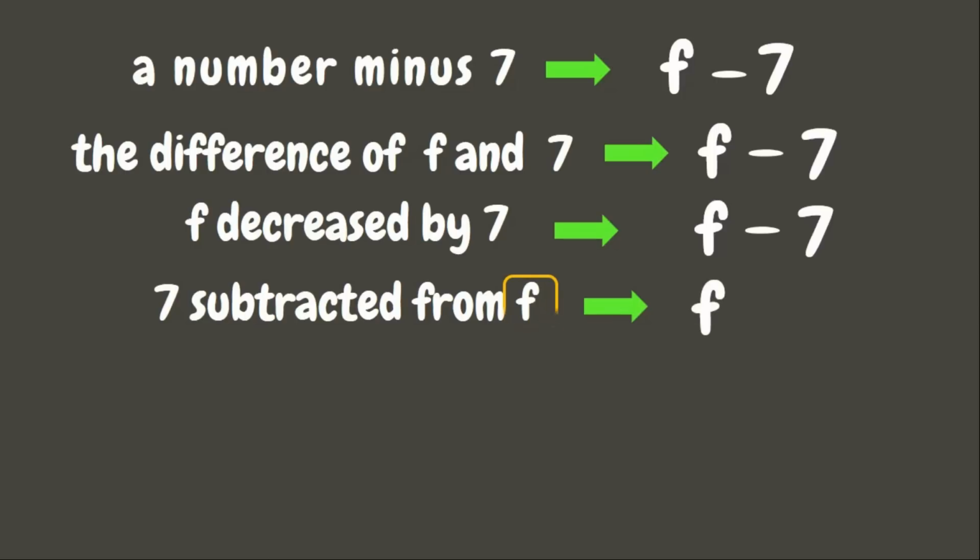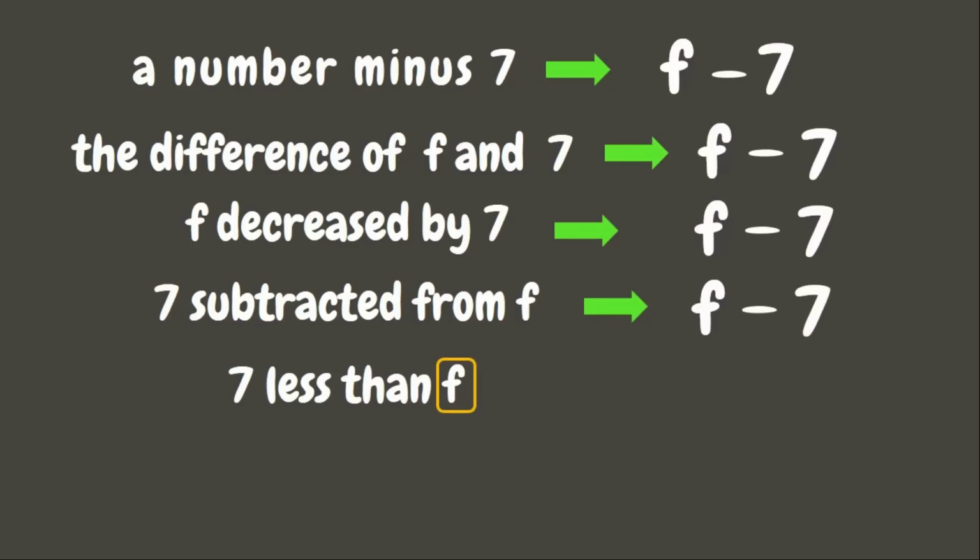So that will be F minus 7. And lastly, we have 7 less than F. And our variable again here is letter F, and our keyword is less than, which means subtraction of 7. So that is F minus 7.